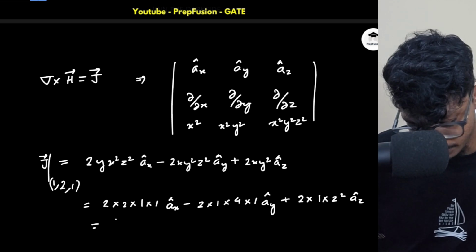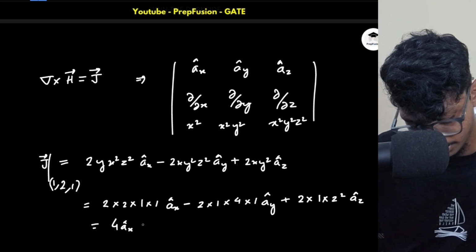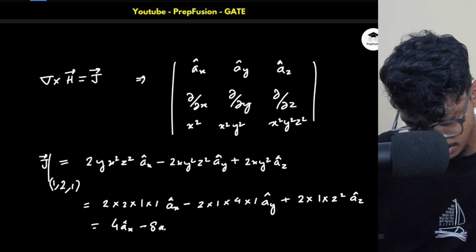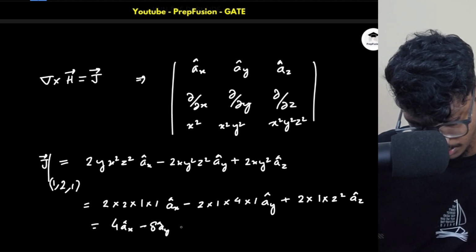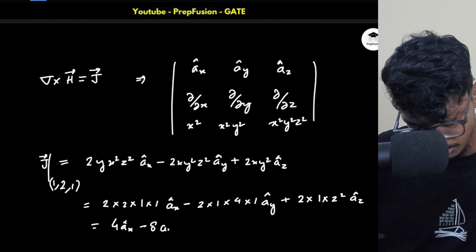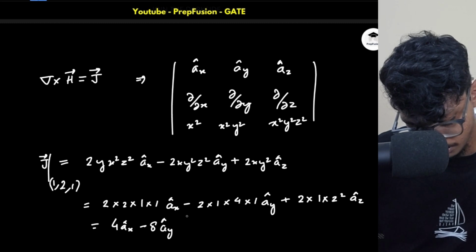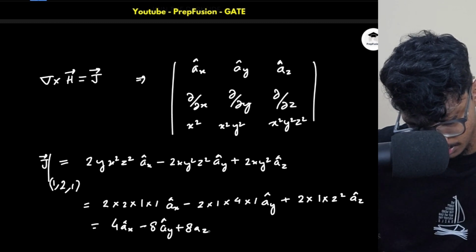So overall this becomes 4 ax minus 8 ay plus 8 az.